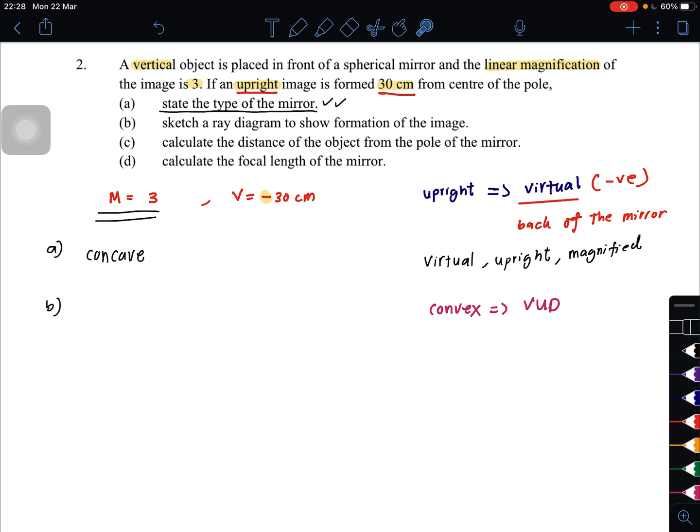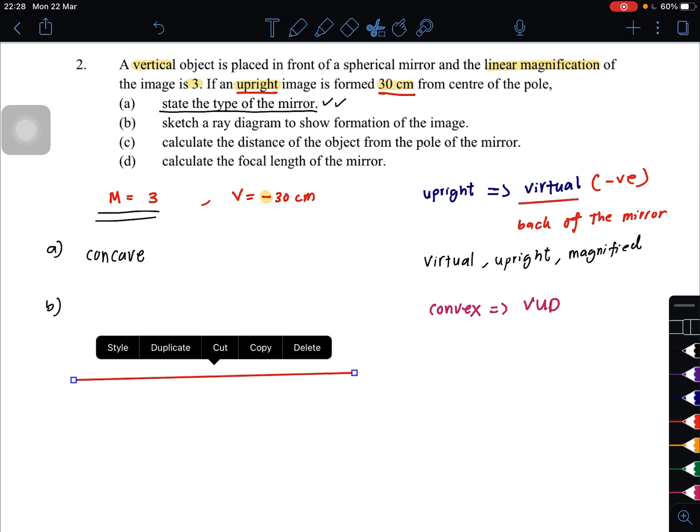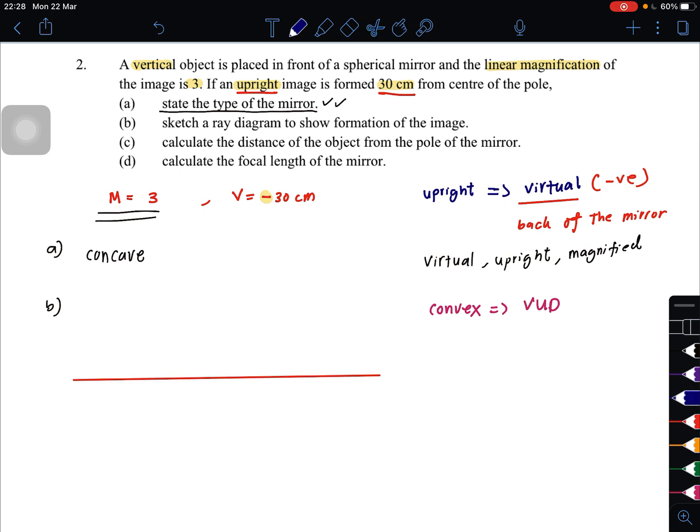Okay, so question B, we need to sketch the diagram. So bila kita sketch, kita sketch macam ni kan. We start with principal axis, and then we have the concave. So lukis concave. And then let's say this one shadow dia lah dekat belakang.